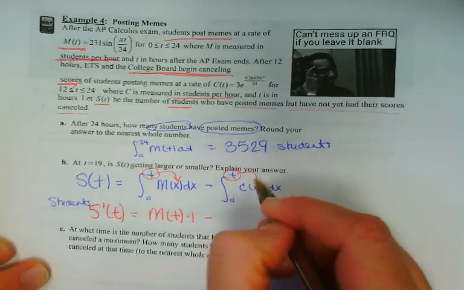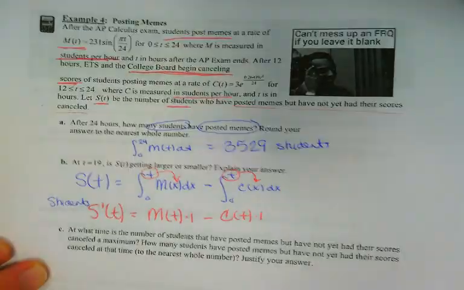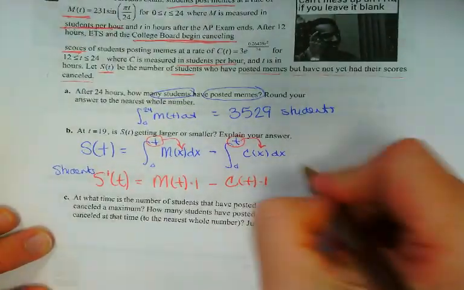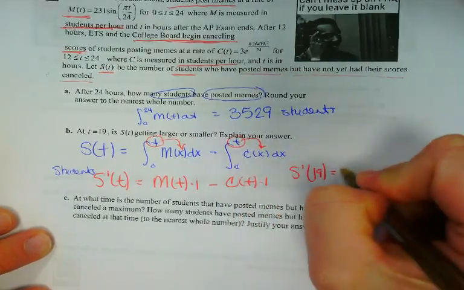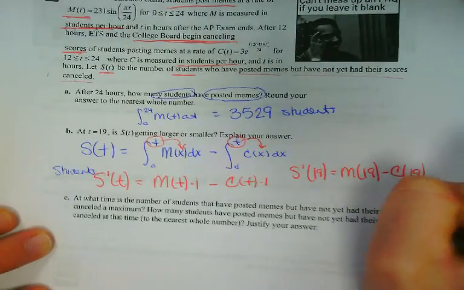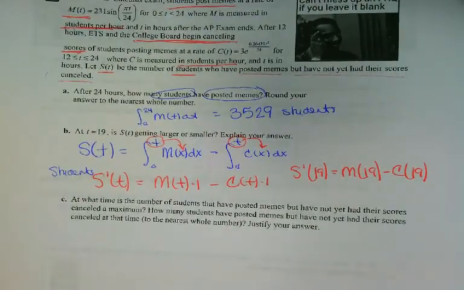We're taking that upper bound and substituting it in. So that's c of t times 1. Again, that's the second fundamental. So now all I really need to find is s prime of 19. That's just going to be m of 19 minus c of 19. And again, that should be in your y1, y2. So carefully evaluate that.